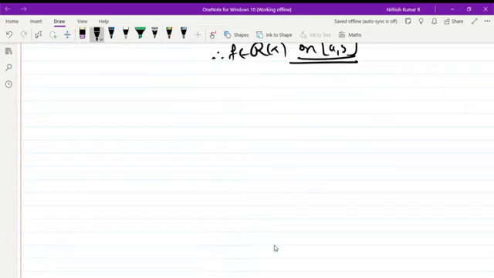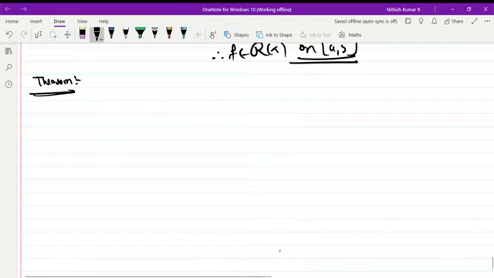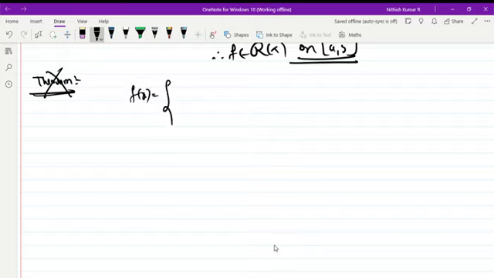Okay, so the next theorem. Before seeing the next theorem, let's observe this. Suppose you have a function f of x equal to 1 if x belongs to the open interval 0 to 1, and 2 if x belongs to the open interval 1 to 2.